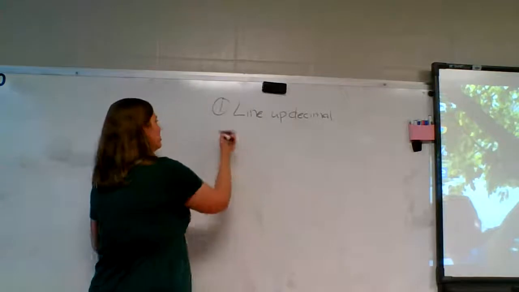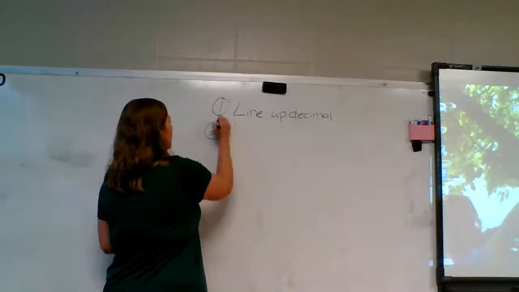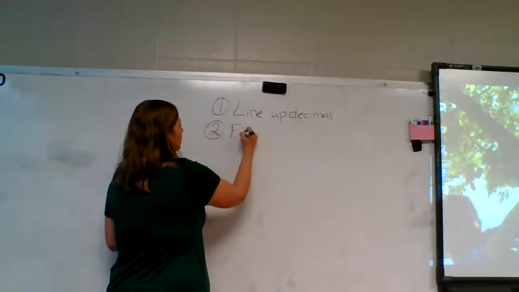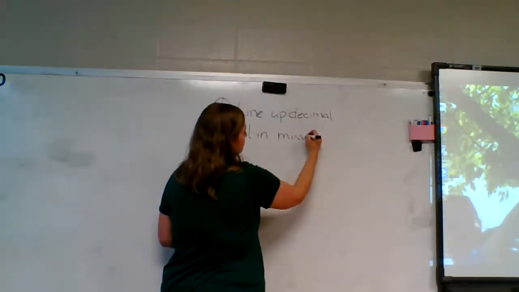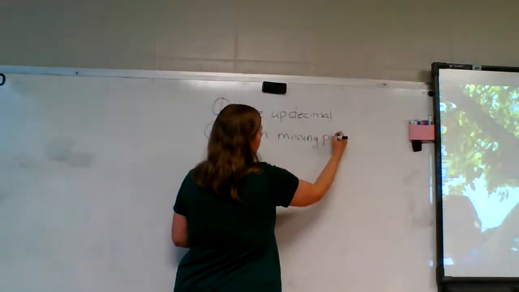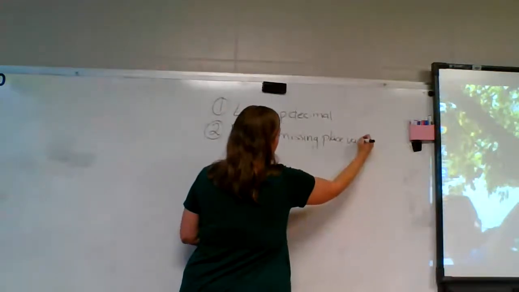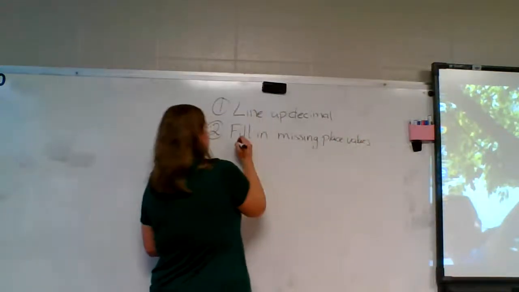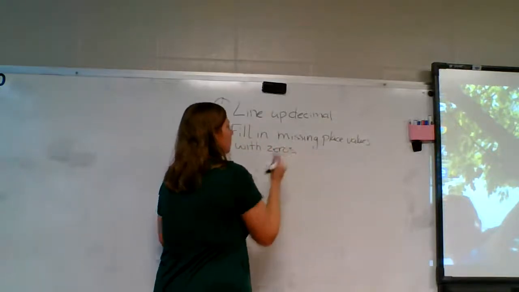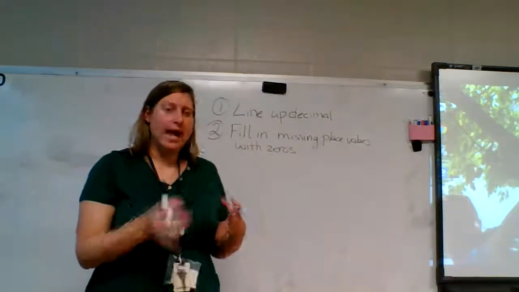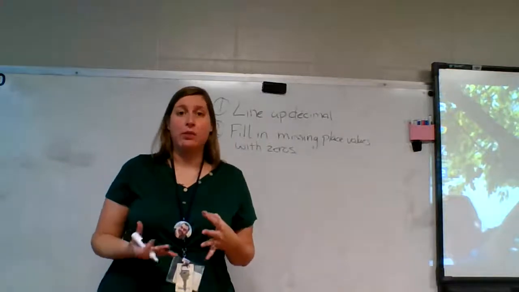After we do that, our second step is we fill in missing place values with zeros. So we want to have numbers to add with each other.